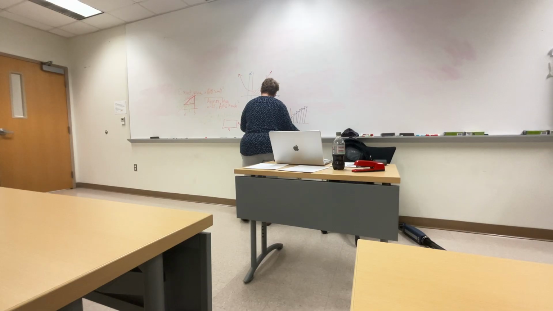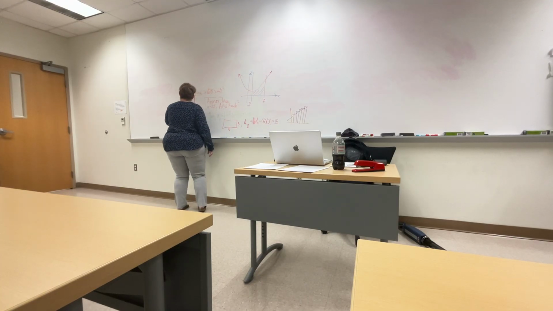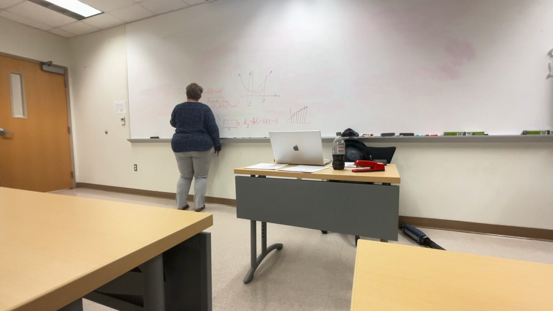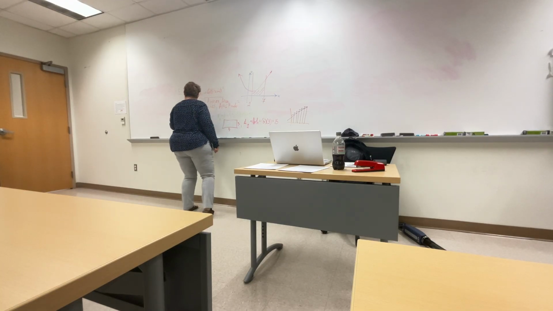So 5 times 3, which is 15. So we know the area of the region between x equals 0 and x equals 5, and between the x-axis and the function f of x equals 4x plus 3, is exactly 65 square units.